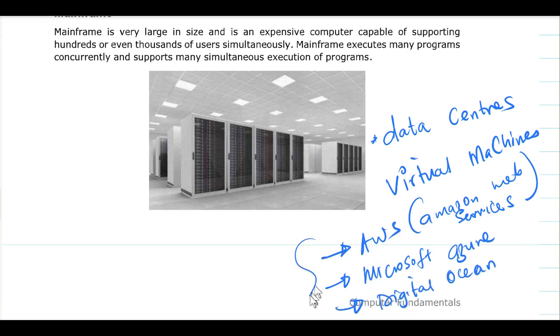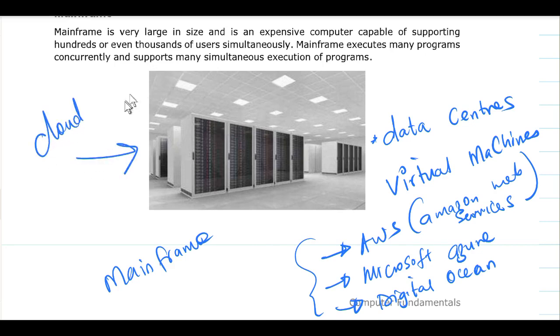These are companies that have bought many mainframe computers. Then they let them out to other users who want to access them in the cloud. Actually, this is where the word cloud comes from.